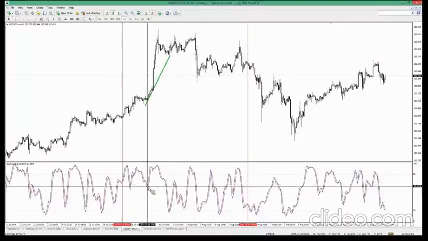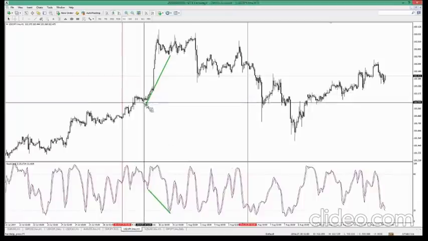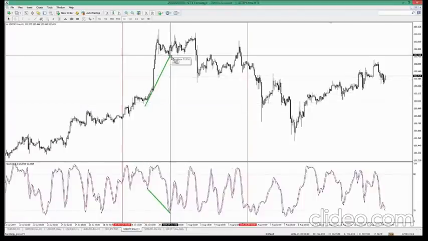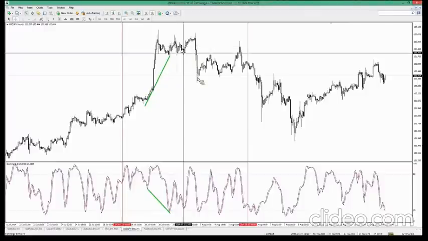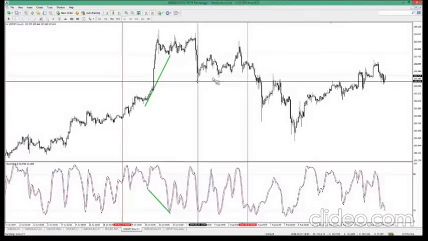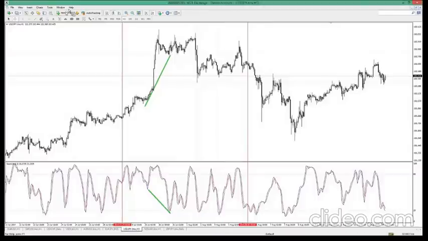From there to there. Okay, there's a shallow pullback. Here, from there to there. That one would have been a decent play.